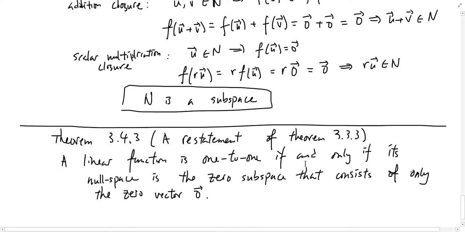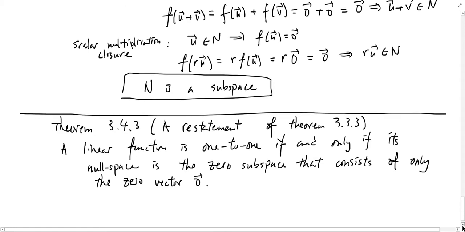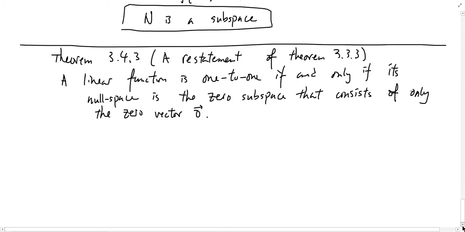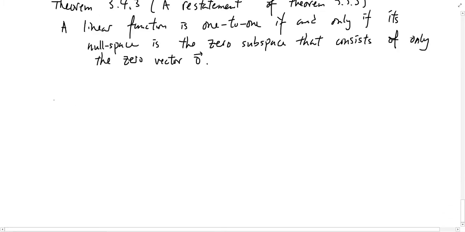Okay, let's try to figure this one out. A very simple example so that we can use this theorem: consider the integration operator. You can think of this integration operator as kind of the inverse of the differential operator, even though that's not true.